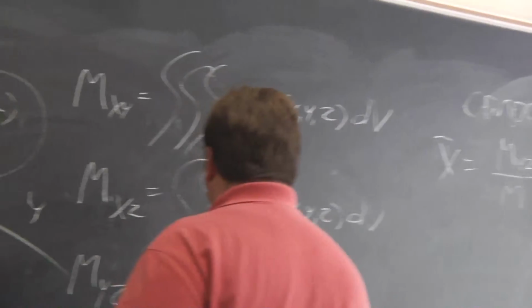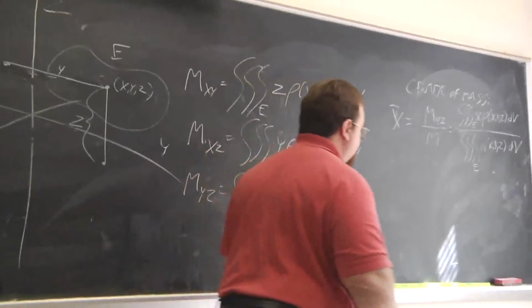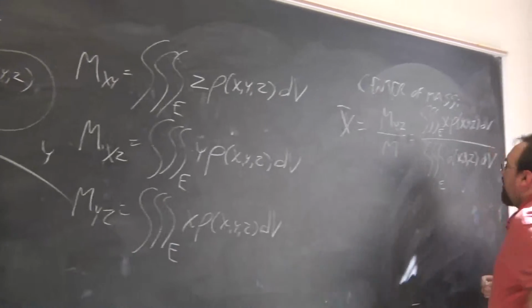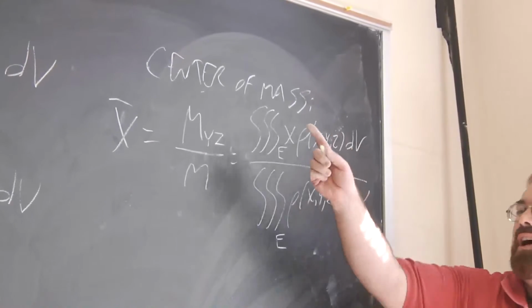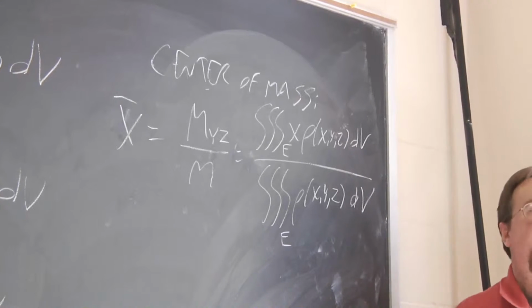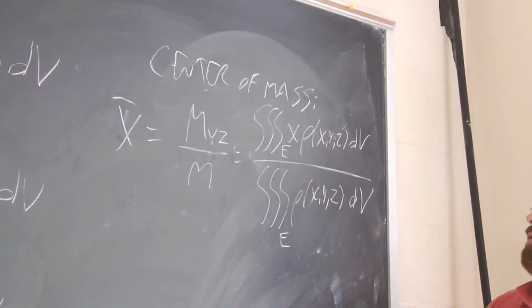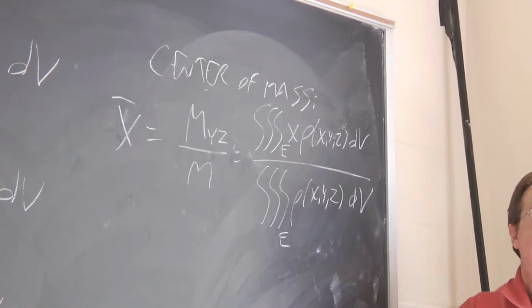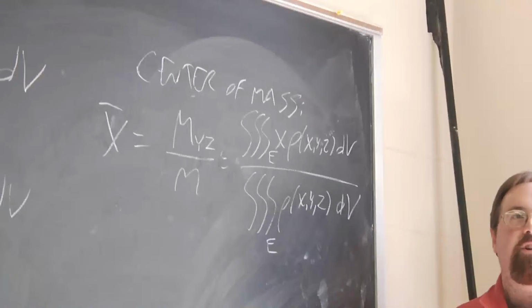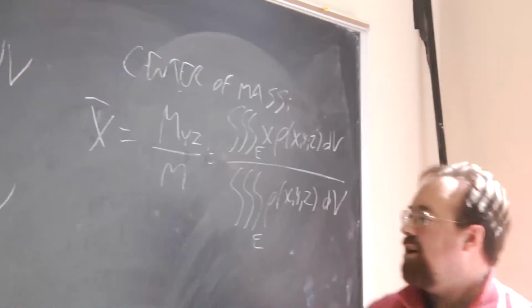So what if the density was constant? Well, if the density was constant, it would be some constant rho, but you could pull out, and it would cancel out because you have it above and below. So it's like you would be getting the average x-coordinate of all points contained in the object.